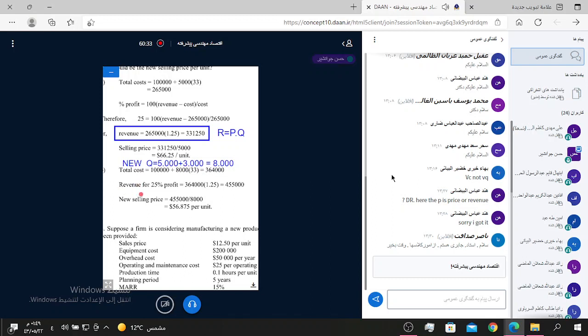Revenues are equal to P times Q. 455,000 is equal to PQ, where Q is 8,000. Now we can find P, this number per unit.